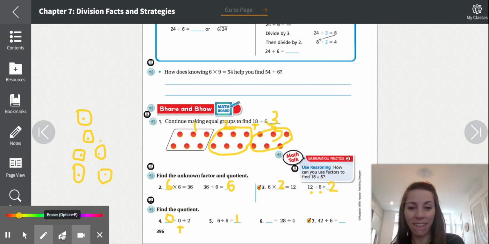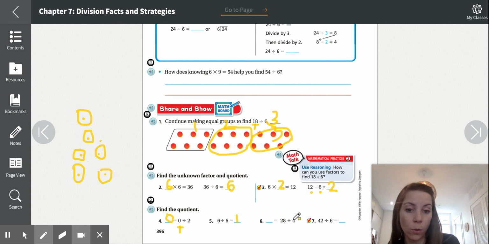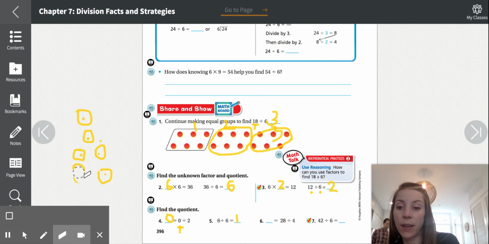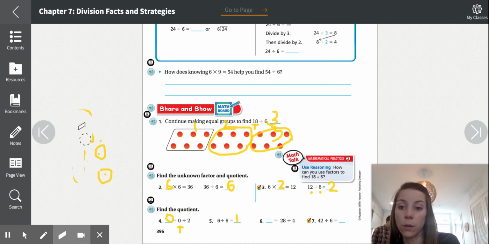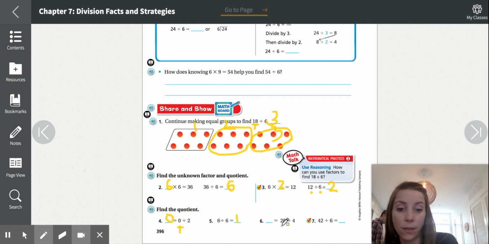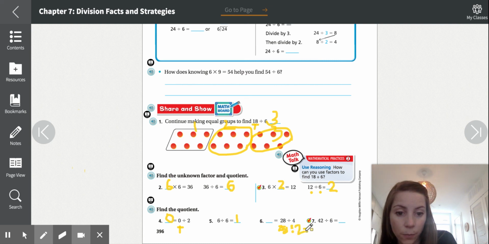All right. Now the other ones, maybe I can use some of the other strategies we've learned. So 28 is my total divided by 4. So I could skip count by 4, or I could use the factors of 4, which are 2 times 2. So 28 divided by 2. If you cut 28 in half, that would give you 14. So 28 divided by 2 equals 14.